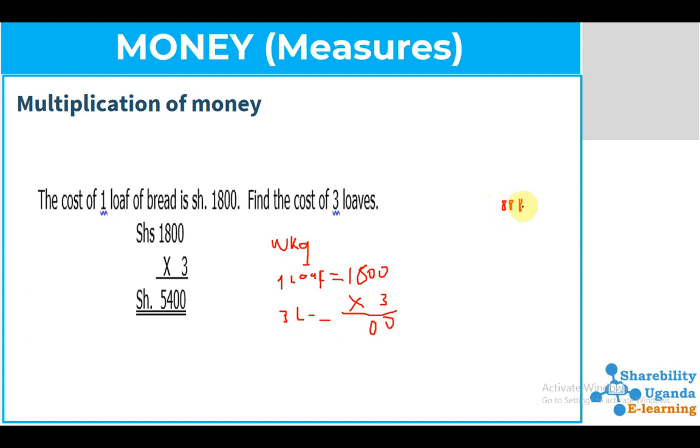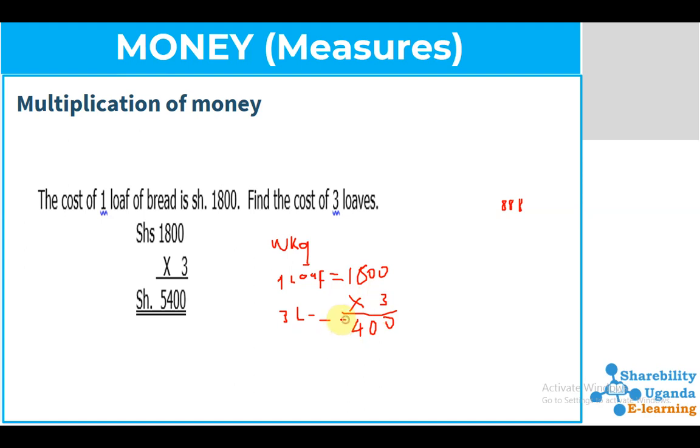We get 24. We shall not write all of our 24. We shall write our 4 and carry 2. And then we say 3 times 1, which is 3, plus the 2 that we carried.